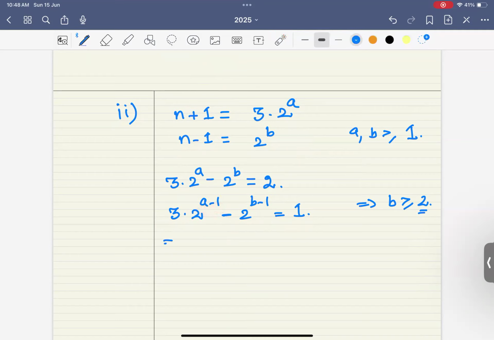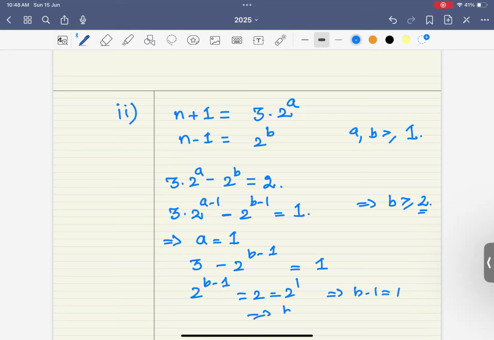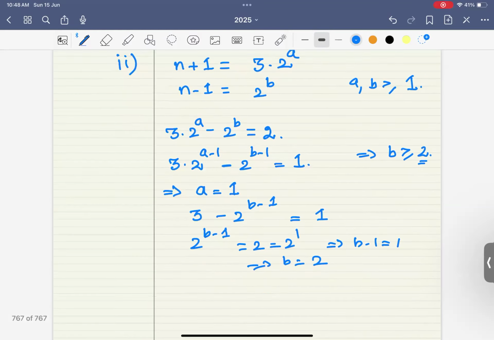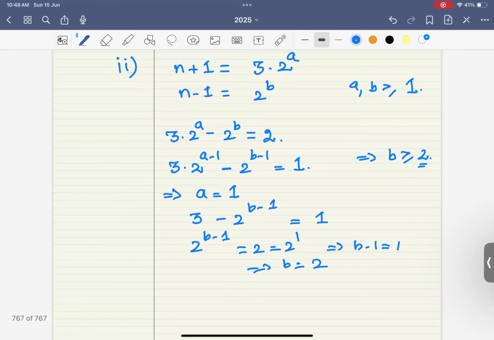So if a were to be 1, you can check that the equation you get is that this becomes 3 minus 2 to the b minus 1, and that becomes 1, which tells you that 2 to the b minus 1 becomes 2, which is 2 to the 1, which means b minus 1 is 1, which means b is rather 2. So you see that b equal to 2 is a solution.